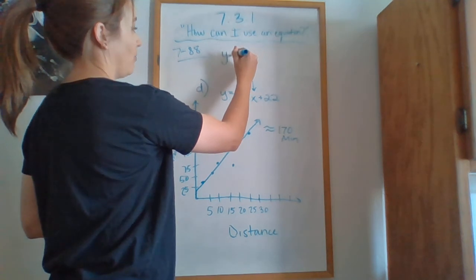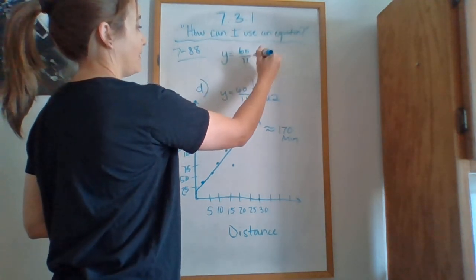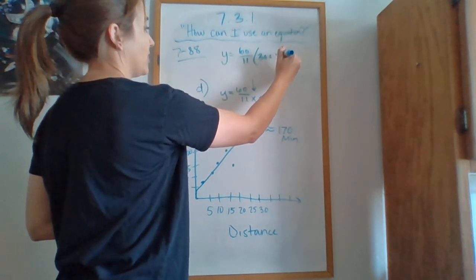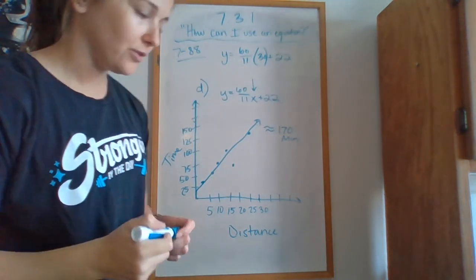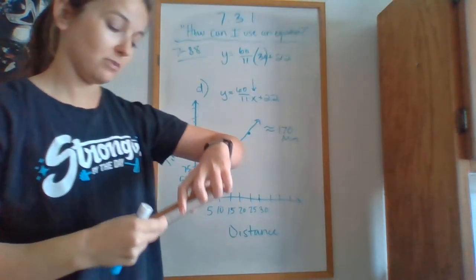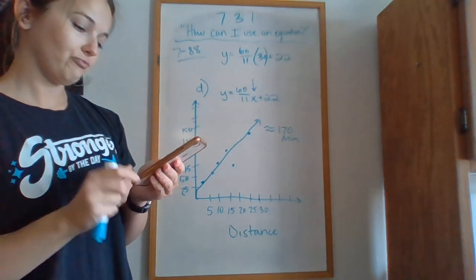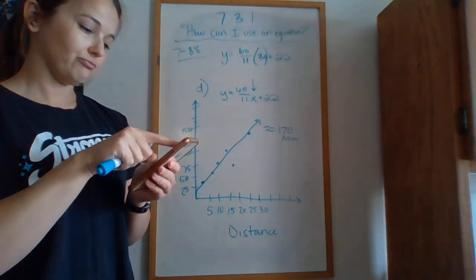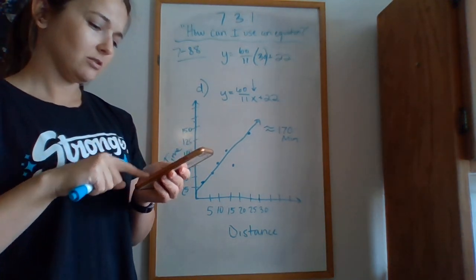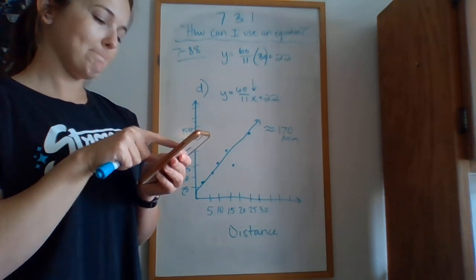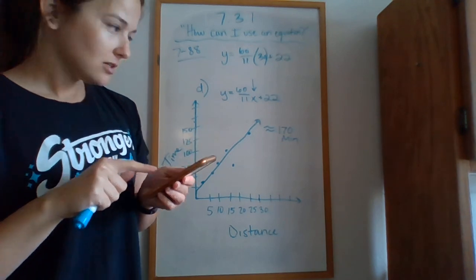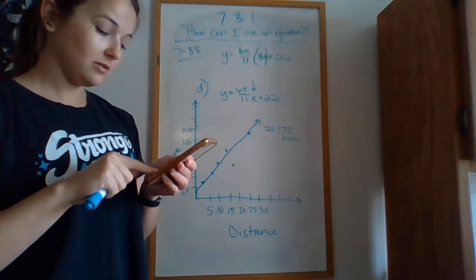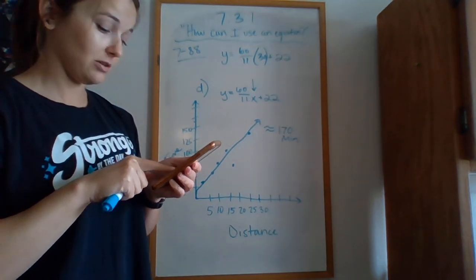So we're going to rewrite it, y equals 60 over 11 times 30 plus 22. And then if you plug it into your calculator, which I'm going to do right now. 60 divided by 11 times 30 plus 22.